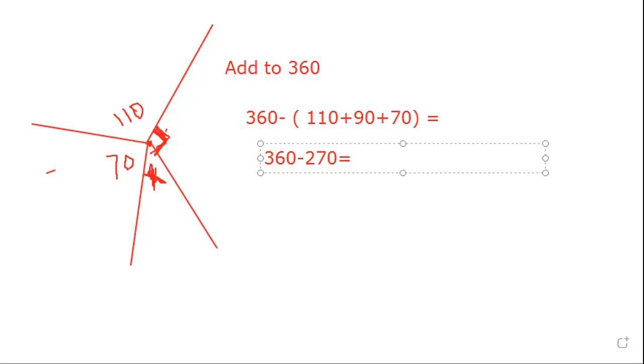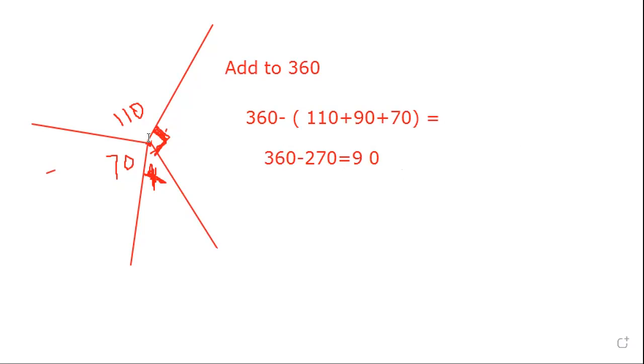100. It will be 0 minus 0 equals 0, right? And then 6 minus 7, we can't. So we will borrow 1. So 16 minus 7 equals how many? Equals 9. Okay, so the value of x here is equal to 90.